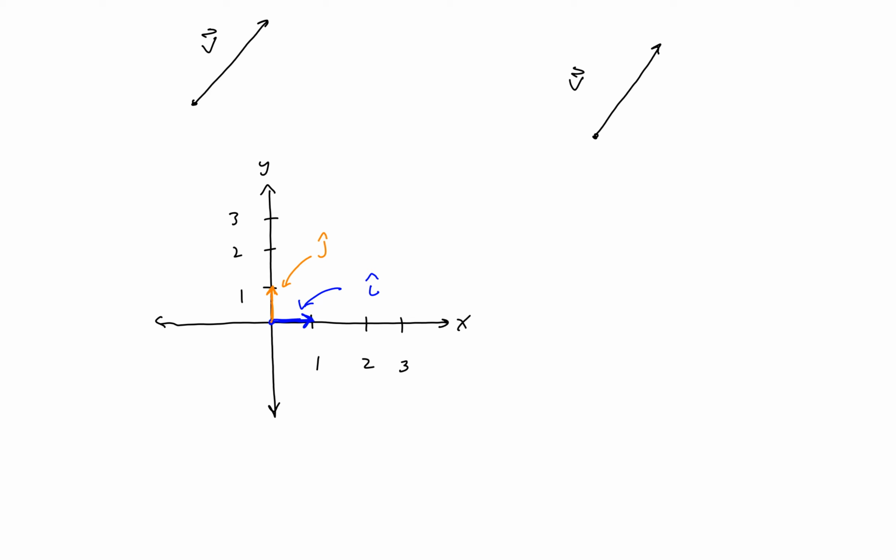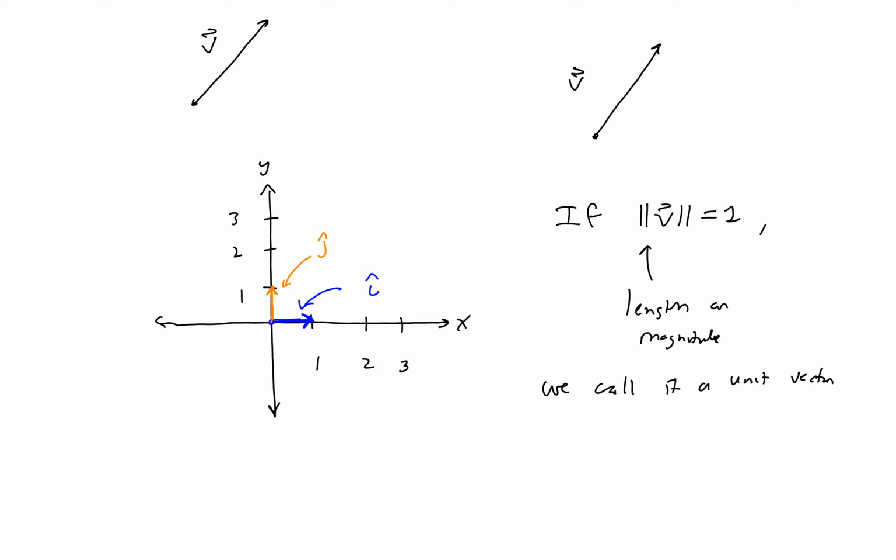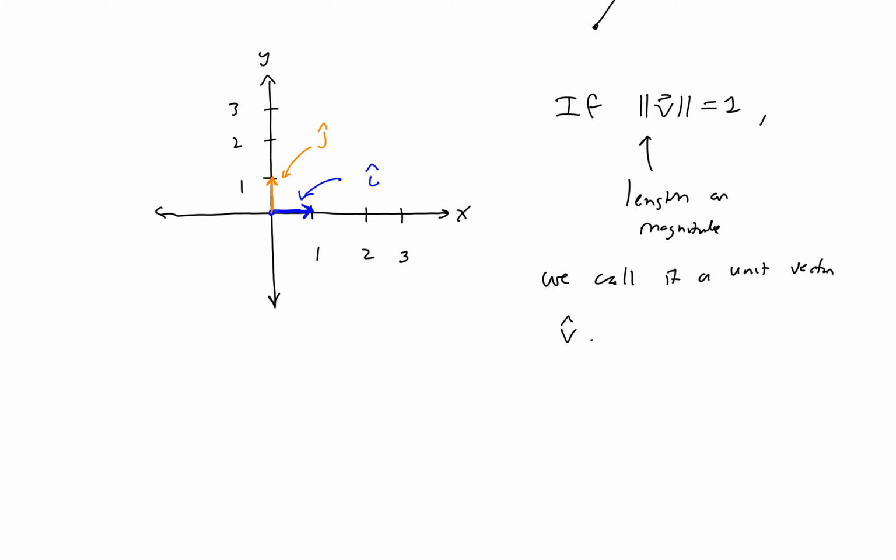In general, if a vector has length 1, meaning length or magnitude, we'll get back to that in a bit, we call it a unit vector. I'll usually write it with a hat over it instead of an arrow, just to keep track of the fact that it's a unit vector.